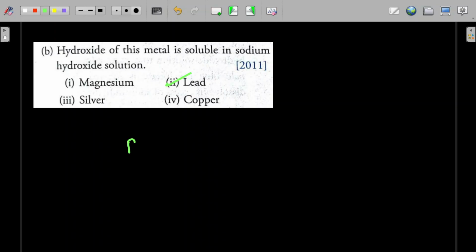Matlab, you are taking lead, matlab you are already taking the lead hydroxide, which we know it is a precipitate, which is soluble in sodium hydroxide means to this, when you add NaOH, what is happening? It is becoming soluble, right? Because only lead and zinc, they are soluble. Ions I'm talking, they are soluble in excess of NaOH.